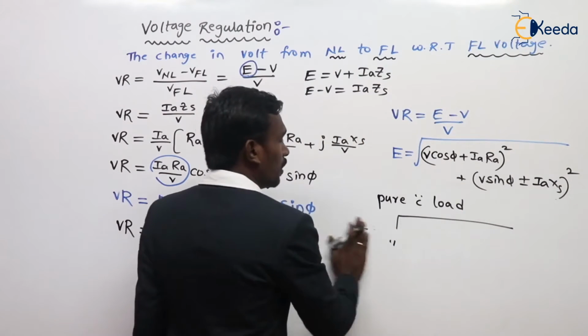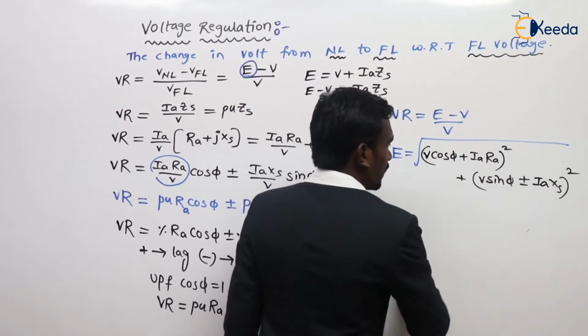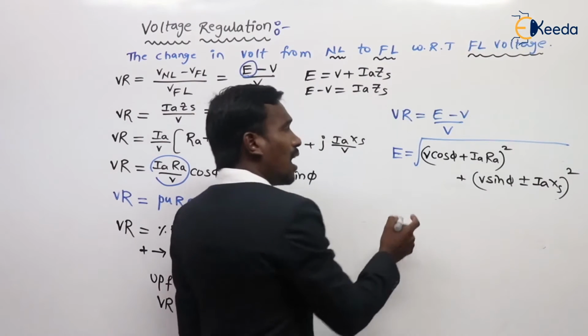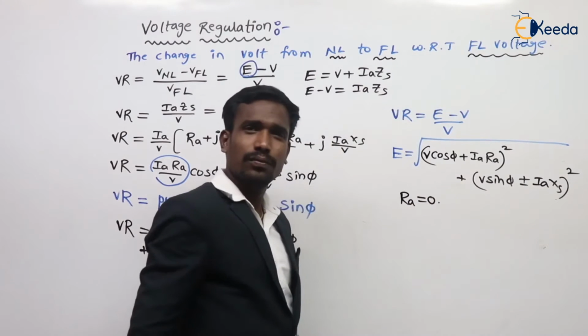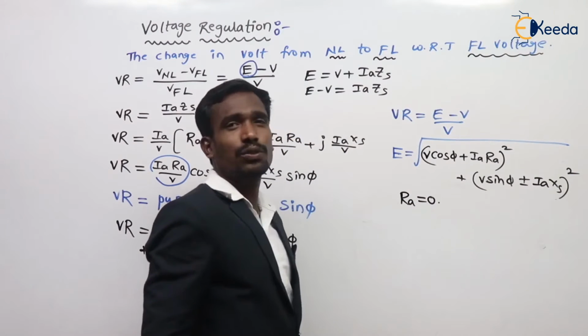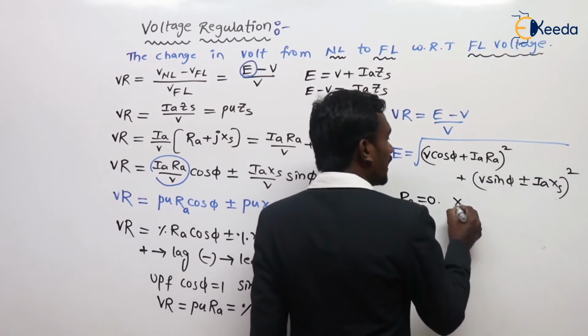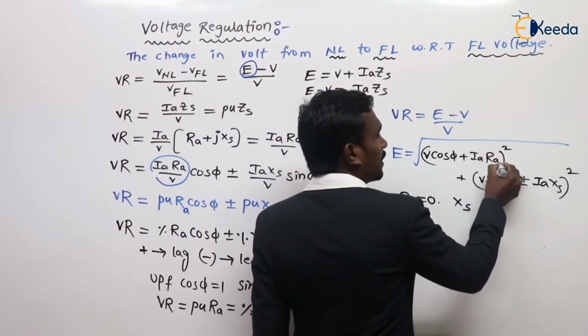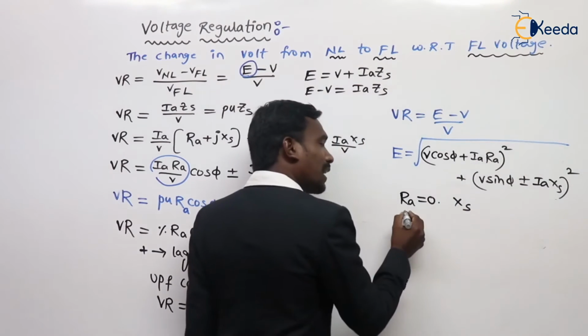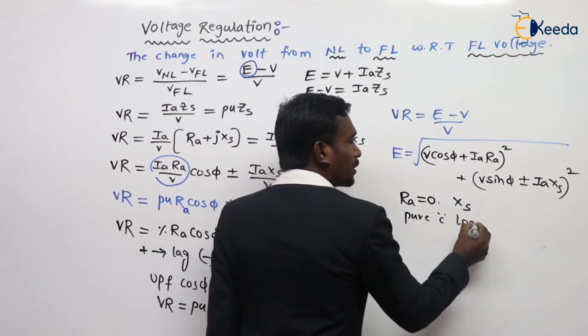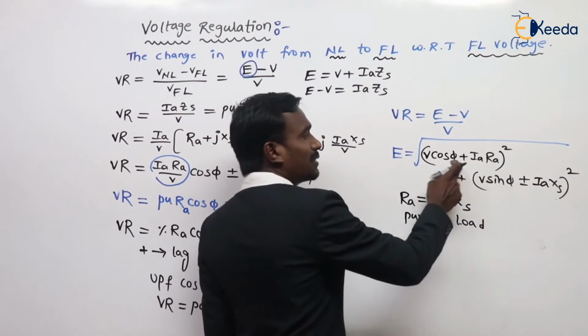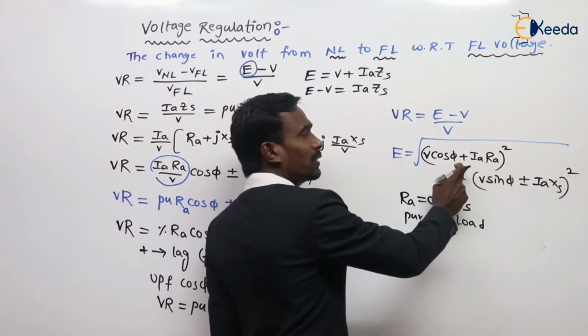If, for example, they give that RA is equal to 0 and we have only XS, then you have to make RA 0. And if again it is a pure capacitive load, then here RA is 0 and for the capacitive load that term is totally 0.